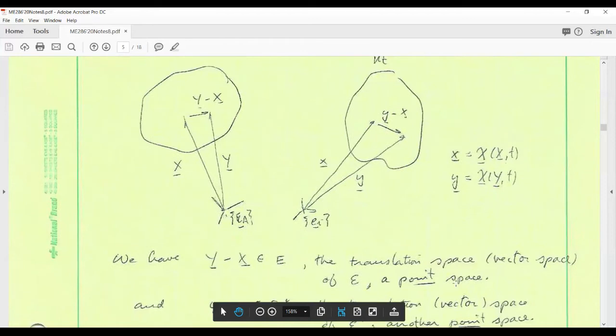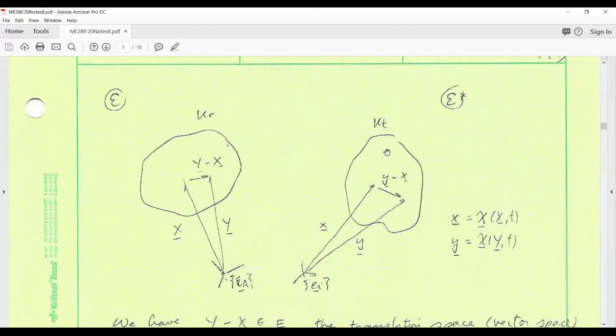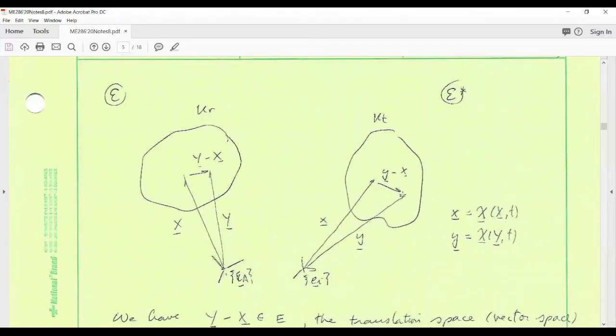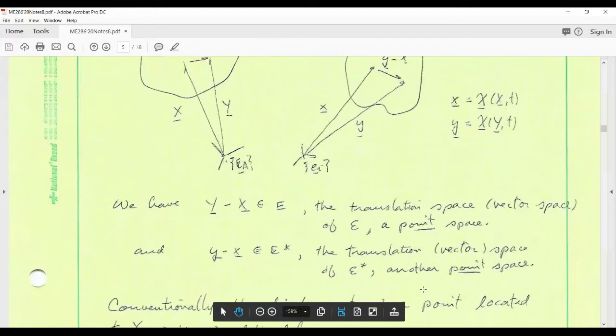In the same way, we can associate the current configuration, material points in that configuration, as elements of a point space, say, calligraphic E star. And the translations from one point to another, those are elements of a vector space, we'll call it E star, the translation space of calligraphic E star.